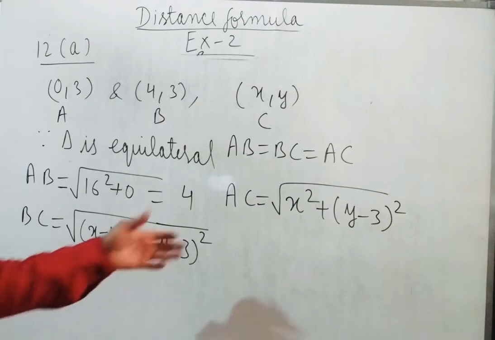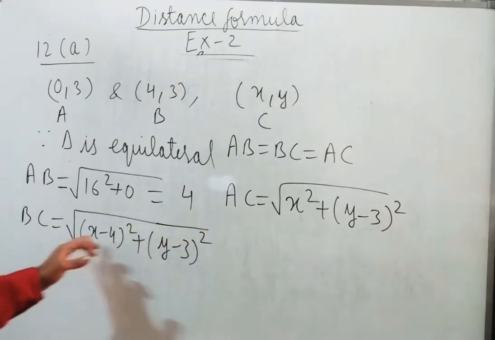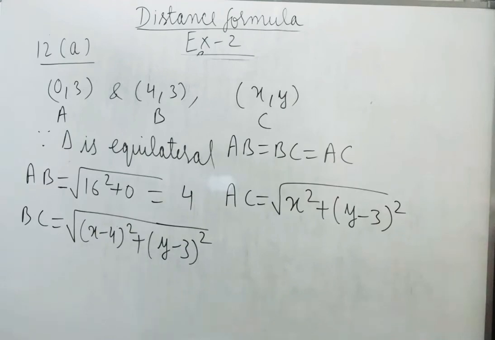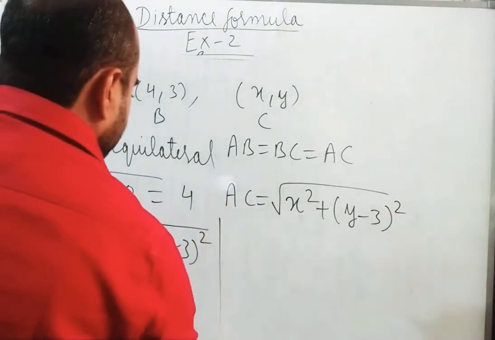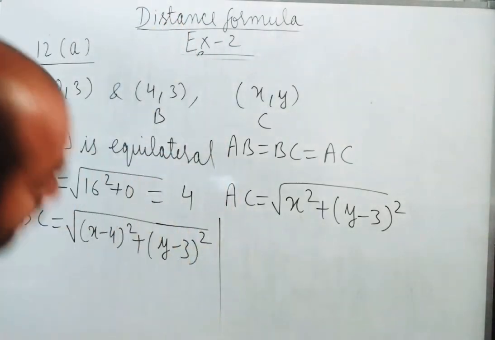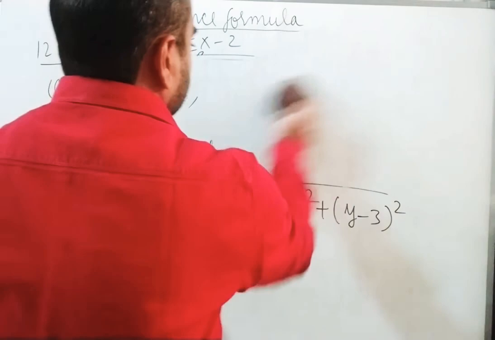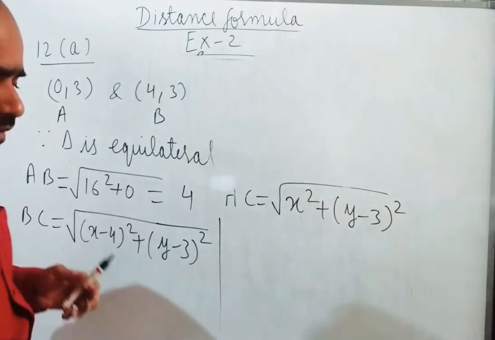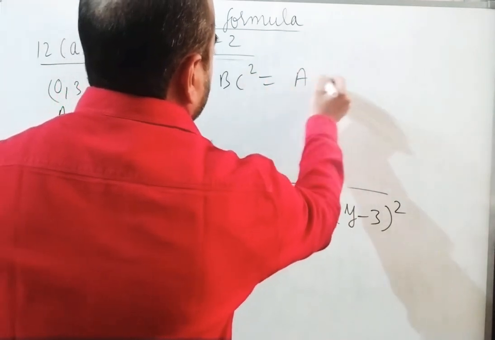Now we can equate any two. Suppose we are equating BC and AC. What will happen? We can take squares and equate these two, BC square and AC square. So BC square is equal to AC square.